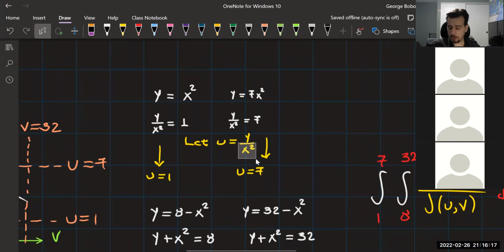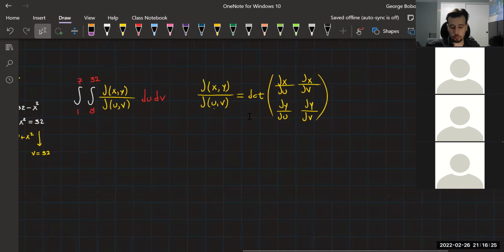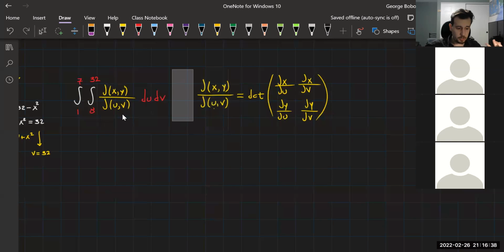If I was to isolate for x right now, this would suck, right? I can do it. But I can also do the derivatives in the opposite direction and then just invert my result at the very end, and make that my Jacobian in the other direction, because I need it in this direction, the Jacobian.